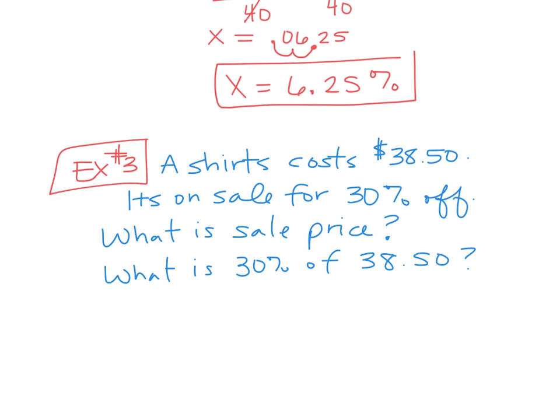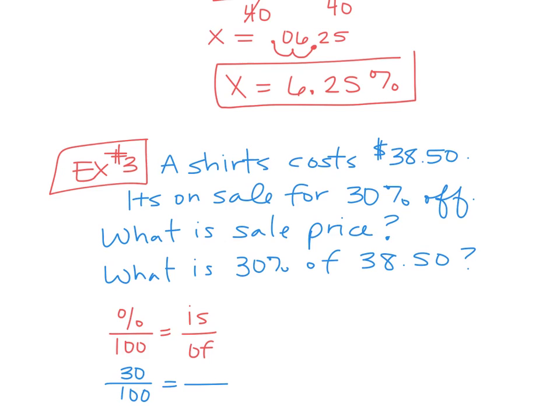Okay, so now here's the thing. When it's asked like this, what is 30% of 38.50? And we have percent over 100 equals is over of. What is percent right now? 30. Okay, so we have 30 over 100. And then what's "is"?